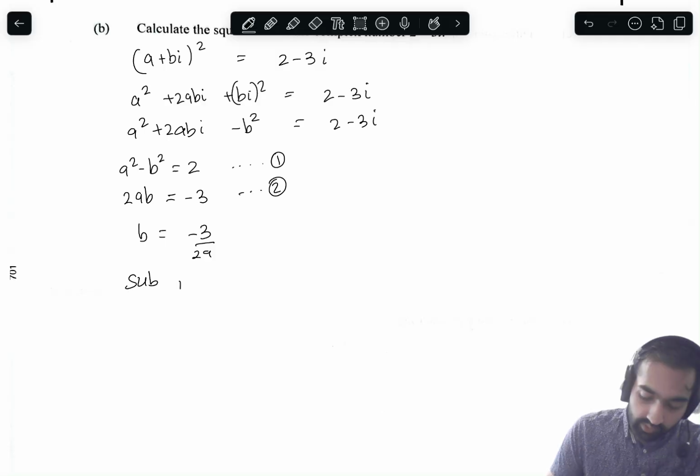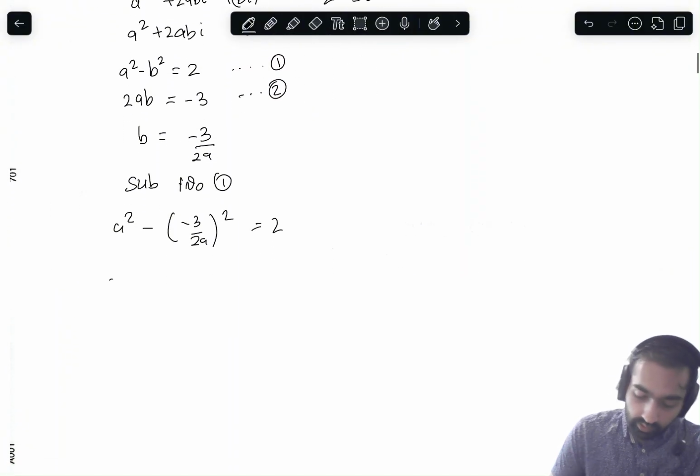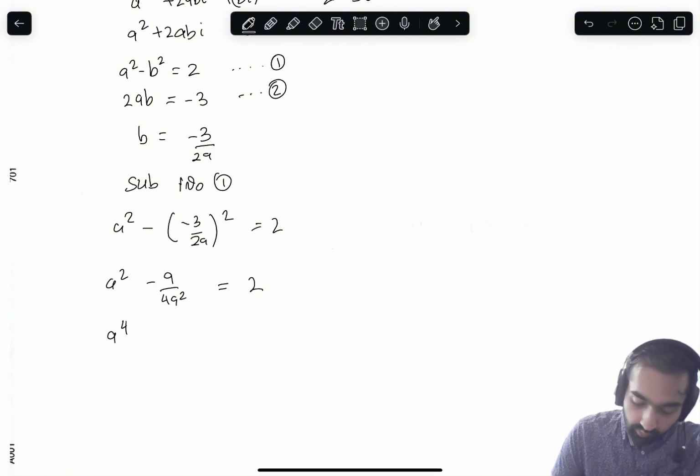Now if I substitute into 1, a squared minus (3 over 2a) squared equals 2. That's a squared minus 9 over 4a squared equals 2. If I multiply by a squared, I get a to the 4 minus 2a squared minus 9 over 4 equals 0.